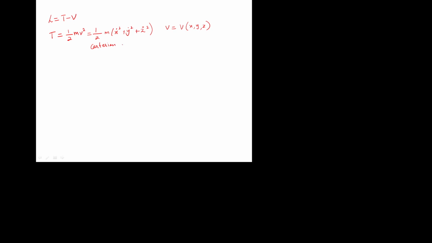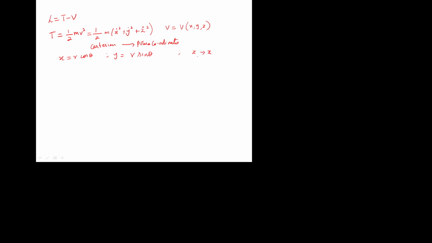Then we go to polar coordinates. We know the transformations: in order to transform a Cartesian set of coordinates into polar coordinates, x is equal to r cos theta and y is equal to r sin theta, and z will be preserved as it is.